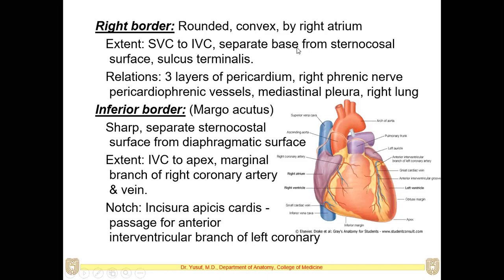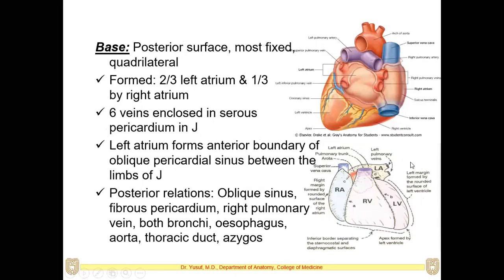And it separates the base from the sternocostal surface by the sulcus terminalis. As we saw in the previous picture, base is here. So the right border will be here. So in the front will be the right atrium, and behind this is the base. So these two are separated by here. This is the right border.